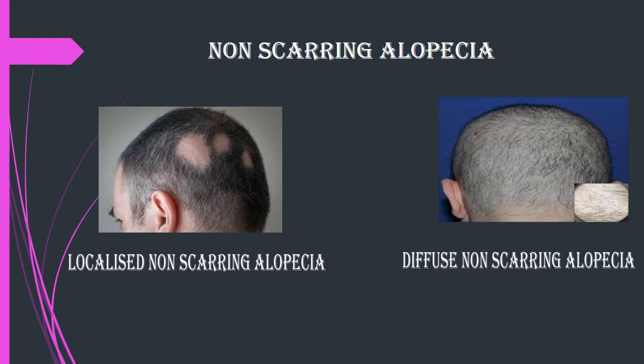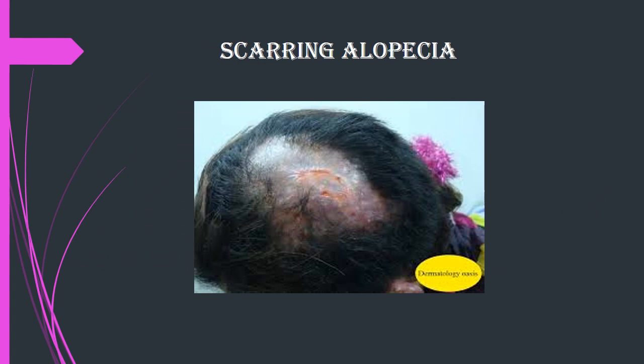Primary cutaneous disorders such as androgenic alopecia, alopecia areata and tinea capitis are the more common causes of localized and diffuse non-scarring alopecia. In scarring alopecia, there is inflammation, fibrosis and loss of hair follicles resulting in an irreversible form of alopecia. Scarring alopecia is most frequently the result of primary skin disorders such as folliculitis decalvans and cutaneous discoid lupus.